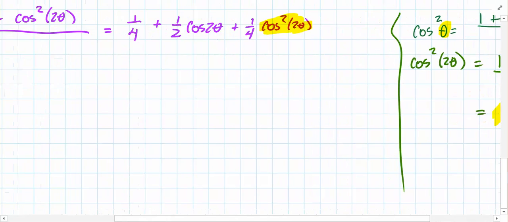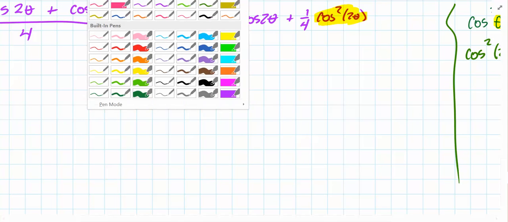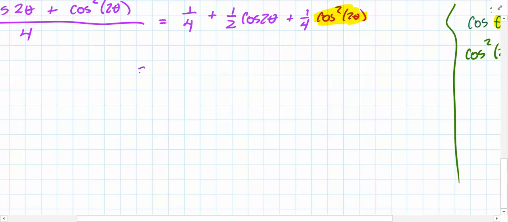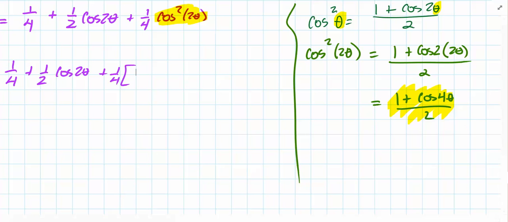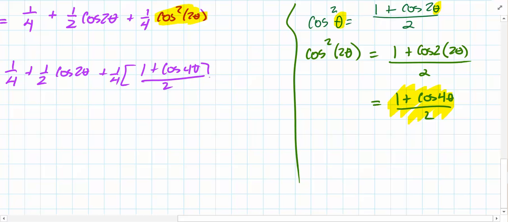Okay, so I'll come back over here and rewrite that in. So this is going to become 1/4 plus 1/2 cosine 2 theta plus 1/4 times this stuff that we figured out, 1 plus cosine of 4 theta over 2.